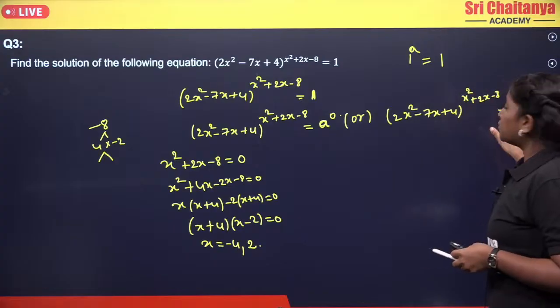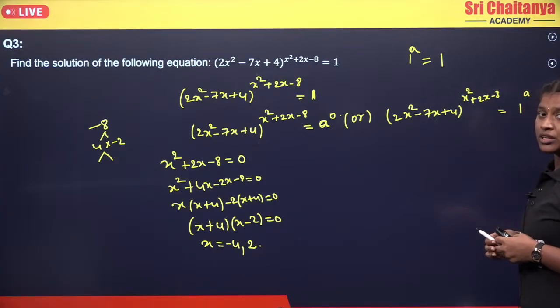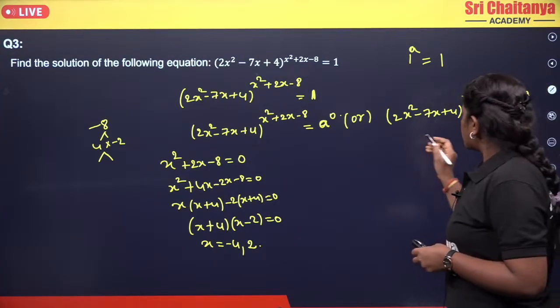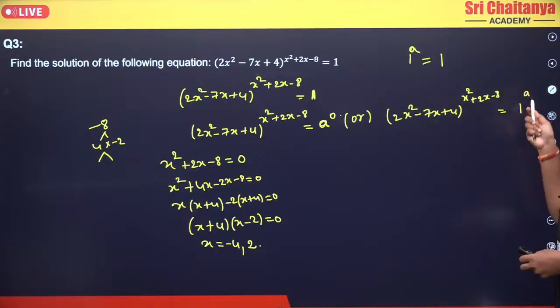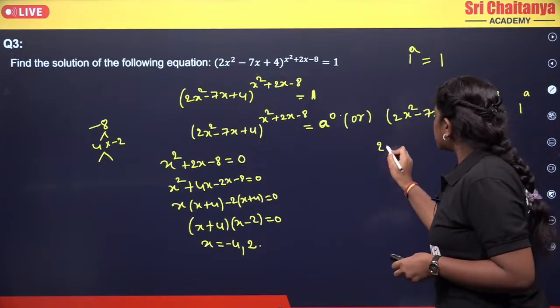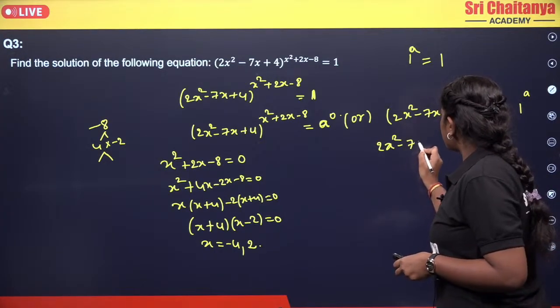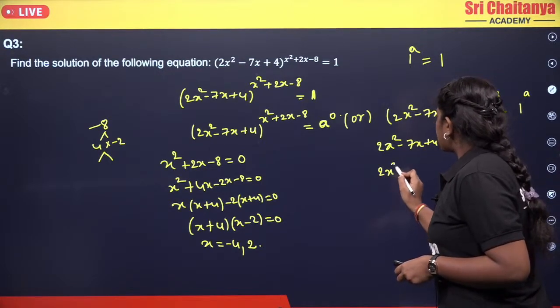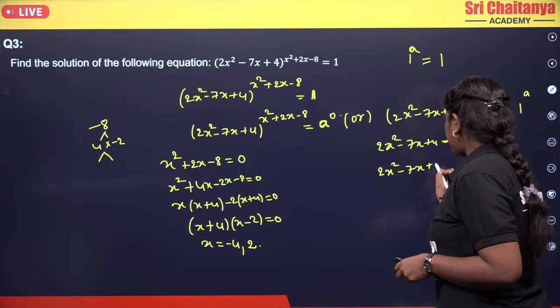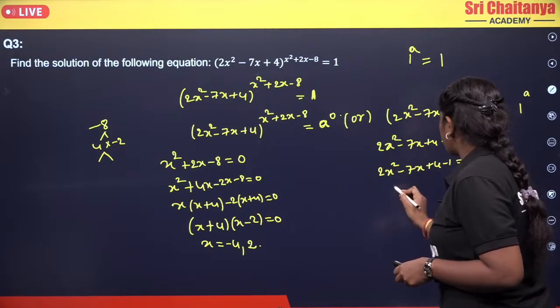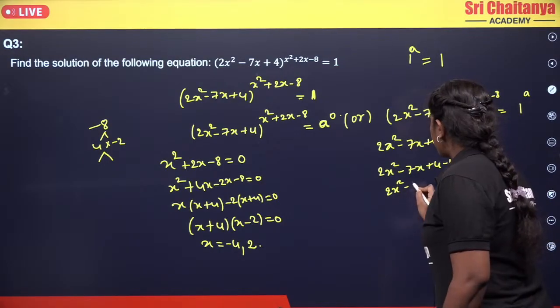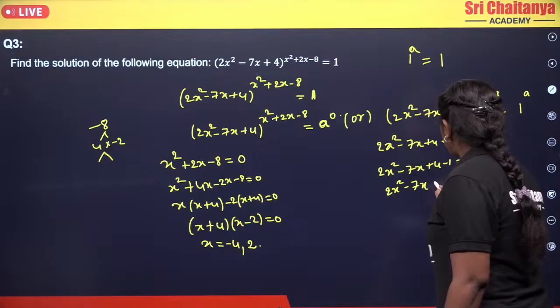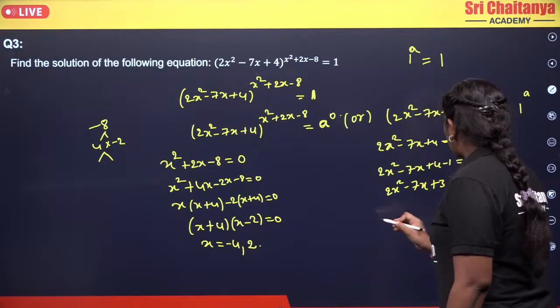So if you take 1 to the power anything, let's see what the values of x will be. If you equate the bases, you will get 2x² − 7x + 4 equals 1. Now 2x² − 7x + 4 − 1 equals 0, so 2x² − 7x + 3 equals 0.